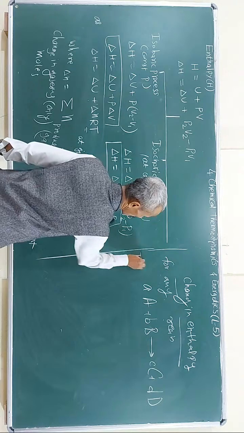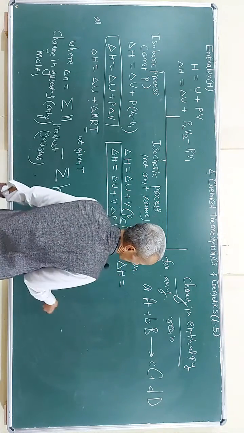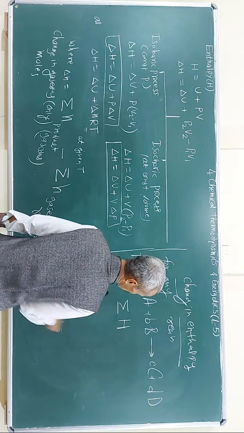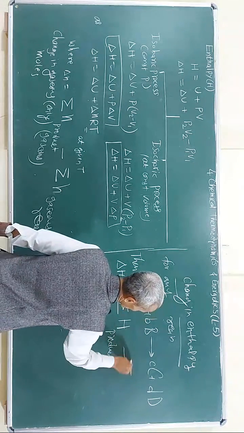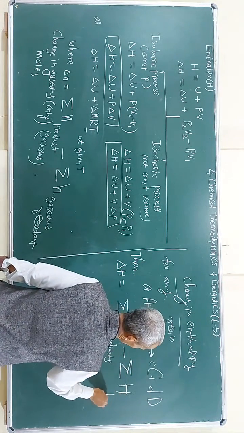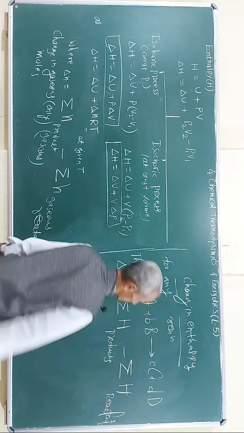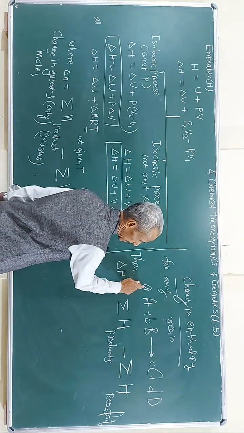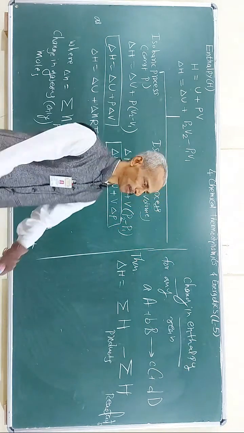Then the enthalpy change for this reaction can be given by the sum of the enthalpies of the products minus the sum of the enthalpies of the reactants, considering their number of moles, the coefficients in a given balanced equation.